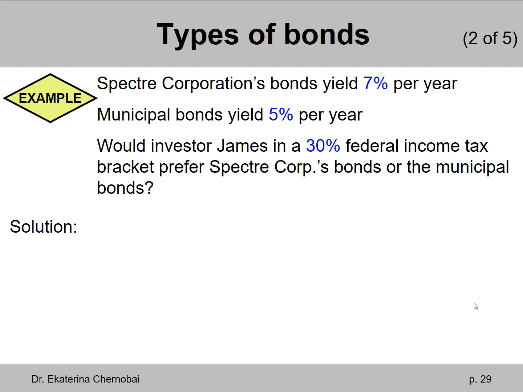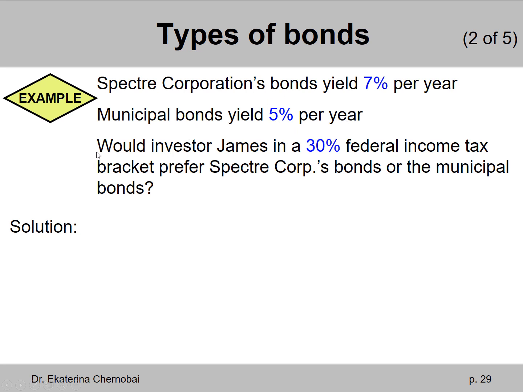Let's look at this example in which the taxability of coupons on bonds is analyzed. Spectre Corporation has bonds that give a 7% return per year. So that's their yield. Municipal bonds that an investor could buy instead yield a 5% return per year.